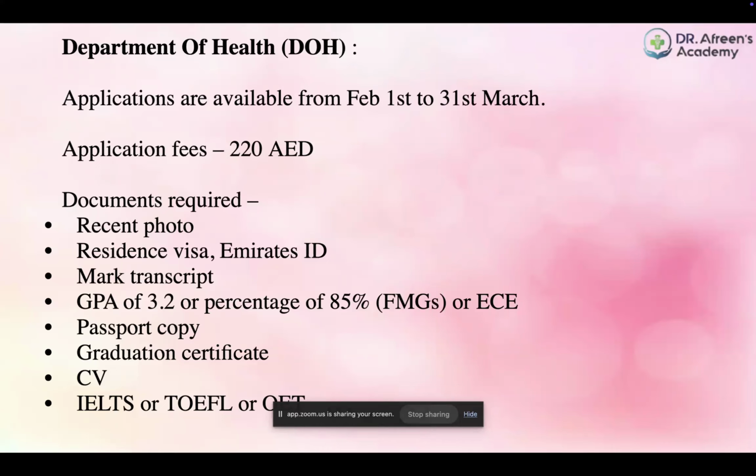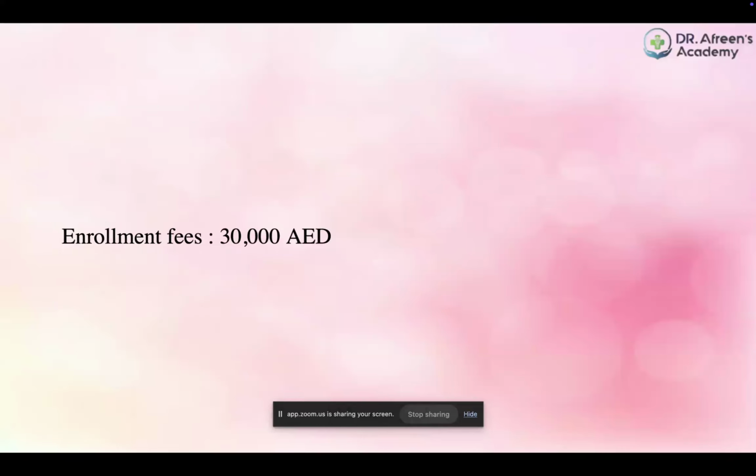So your chances are higher if you have your GPA higher than 3.3, or if you have 3.2. Apart from that, it's your graduation certificate that's needed, passport copy, CV, and the other exams, as already mentioned, English proficiency exams. Enrollment fee is 30,000 AED for 1 year.